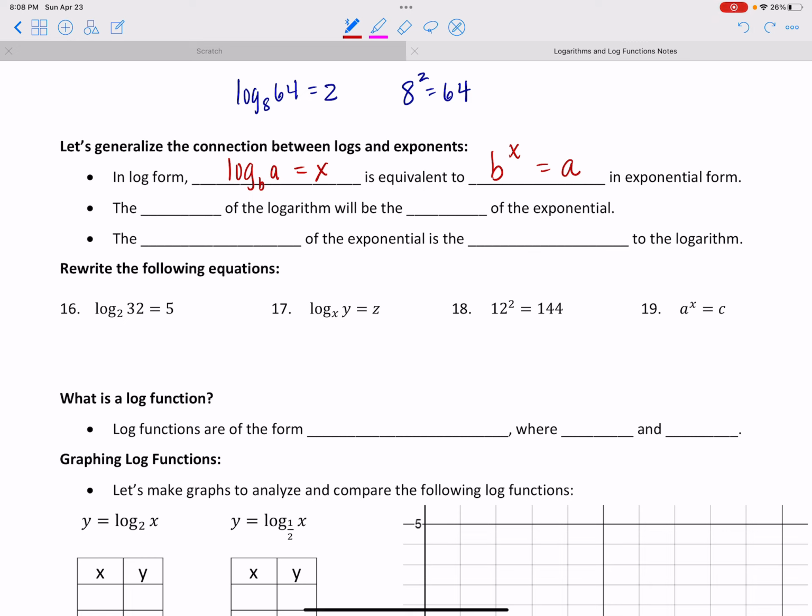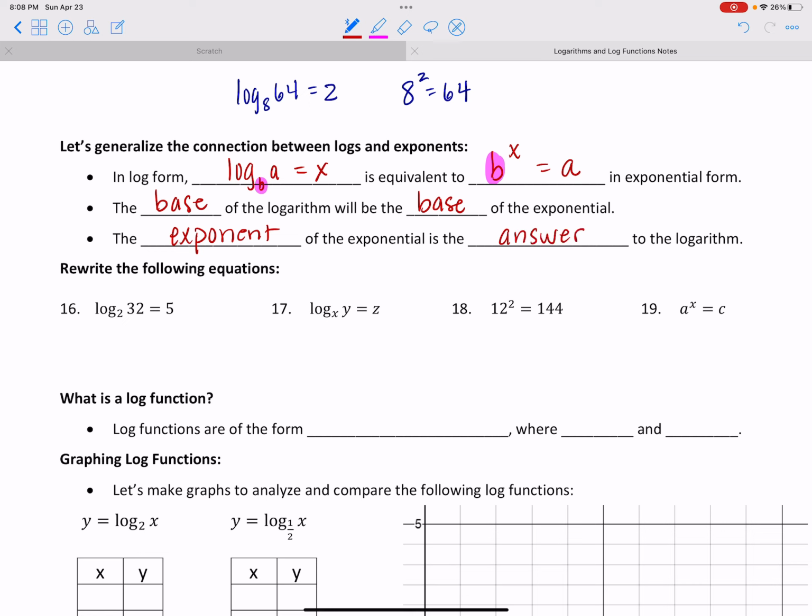So when we're rewriting, the important thing to remember is that the base of the log will be the base in the exponential form. So the base here is the base here. The base is the base regardless of which way you're writing this. But the exponent in the exponential is going to be the answer to the log.